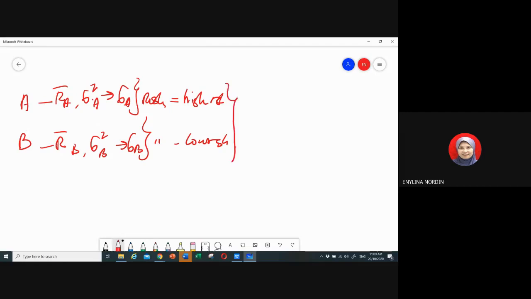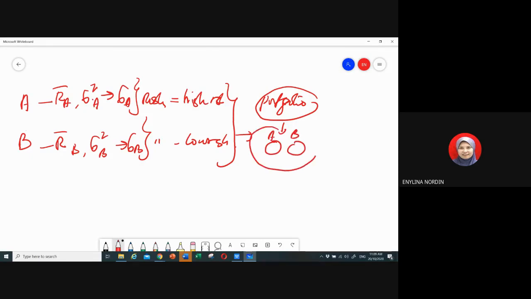Then we continue with the portfolio. When you want to form a portfolio that consists of risky assets, which are stock A and B, so both are risky assets, in the portfolio where you invest 60% in A, as stated in the example, and 40% in B, you will calculate the expected returns of the portfolio and then the variance of the portfolio.